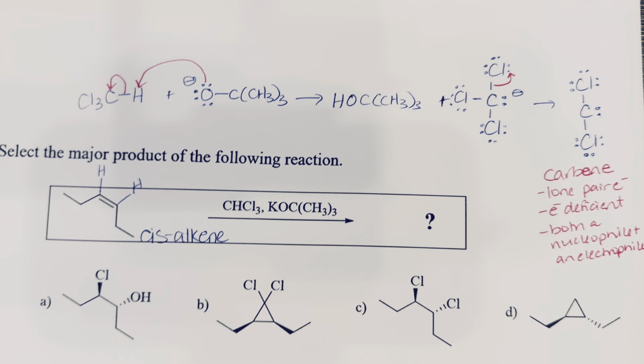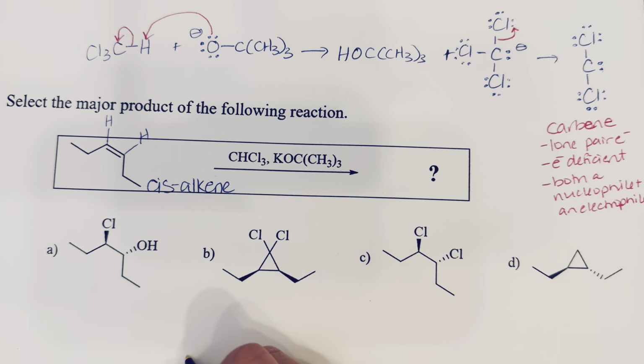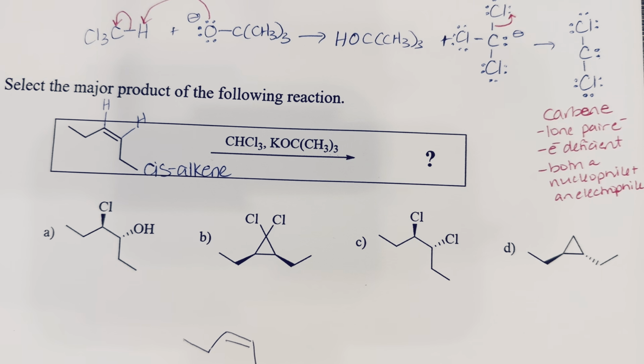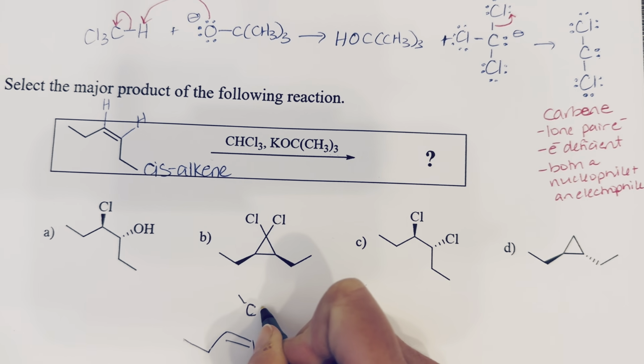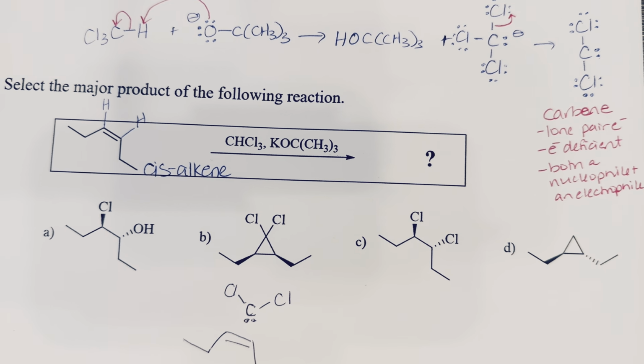So let's go ahead and draw down here. Let's redraw our alkene. And I am going to line up the carbene to react with it. So there is the carbon atom. We've got 2 chlorines, and we have a lone pair of electrons. And so we know that alkenes can be nucleophiles.